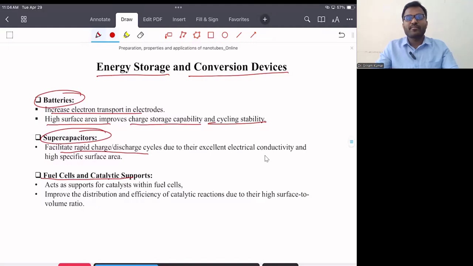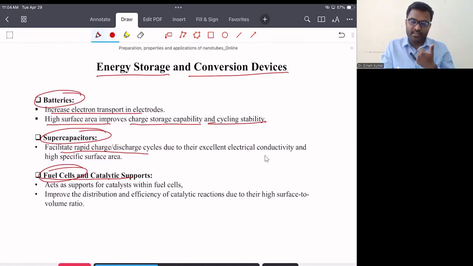Nowadays, people are talking about hydrogen-powered vehicles, and in India, scientists are talking about hydrogen-powered trains. If you want to use that hydrogen power, then we can use a fuel cell here.